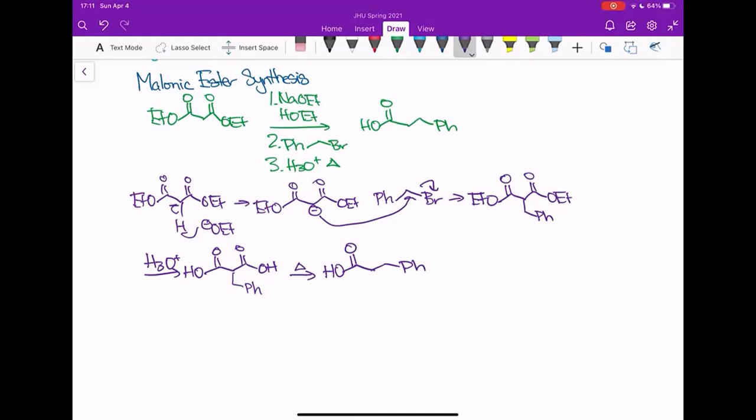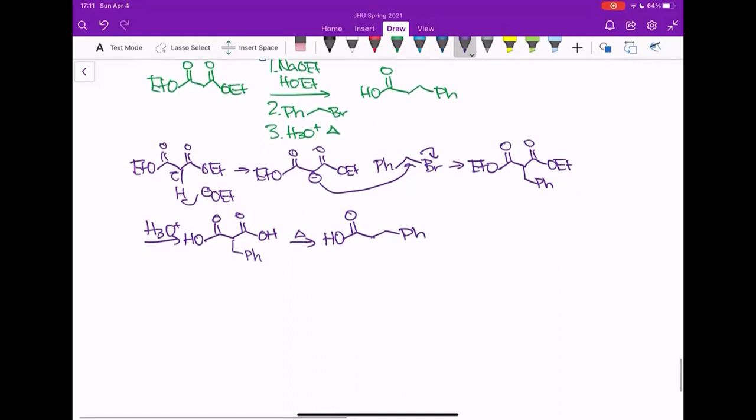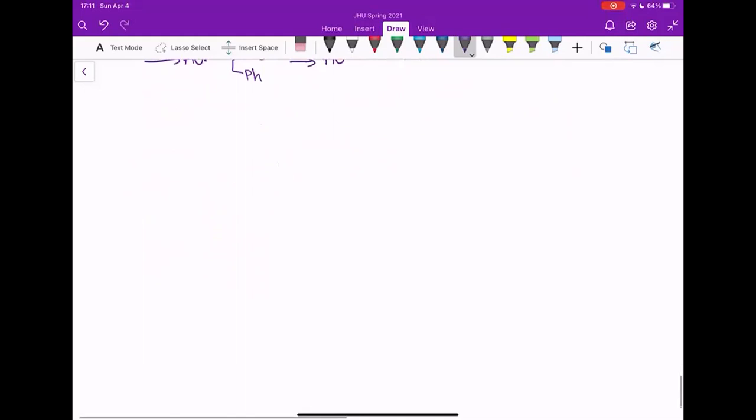All right. And then the next couple of reactions, I don't think have been on the problem sets as frequently as the previous ones. So I'll go ahead and walk through them. But we have the Stork enamine synthesis.